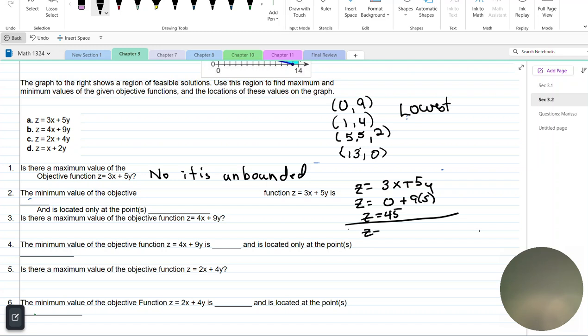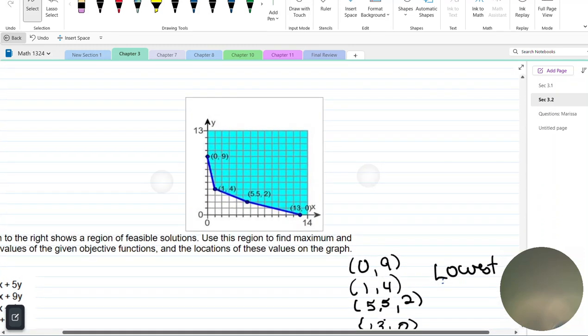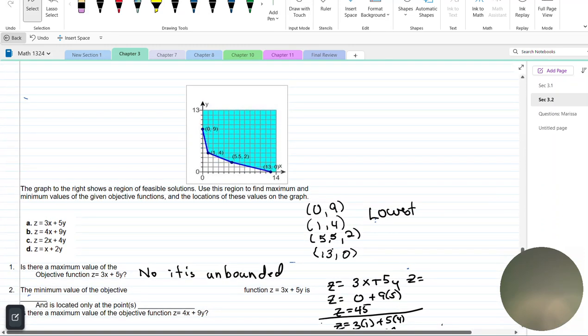Now I have z equals 3 times 1 plus 5 times 4. 3 plus 20, 23. All right. We're going to do the next one. Z equals 5.5. Let me make sure that was what I saw. Yes, 5.5.